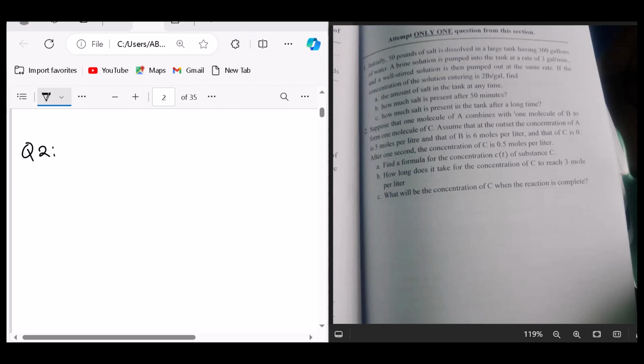The first thing we have to do is write the reaction. They said we have two substances combine to form a third one.